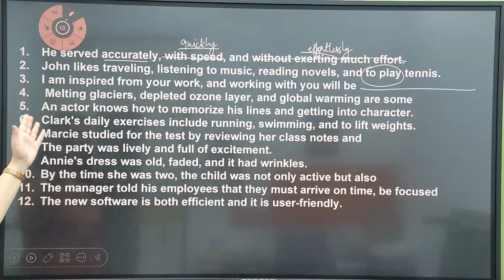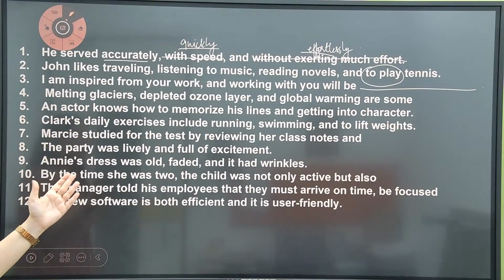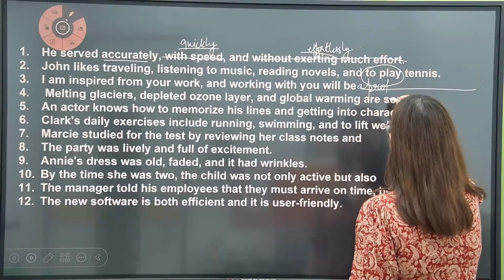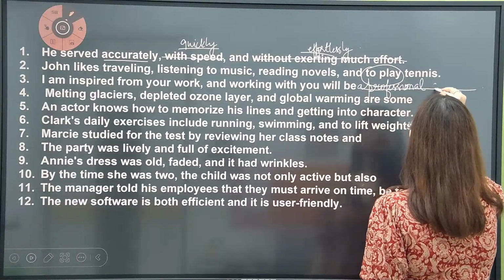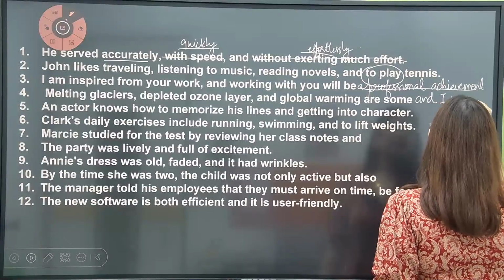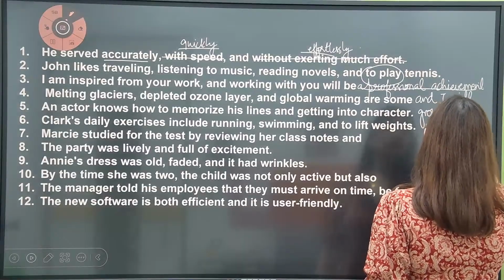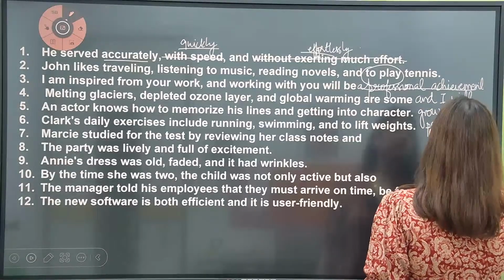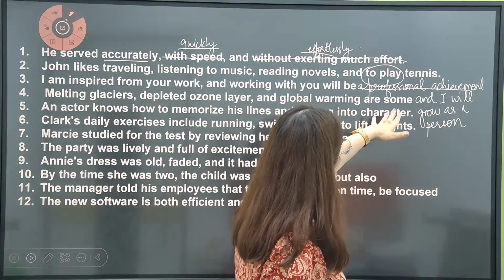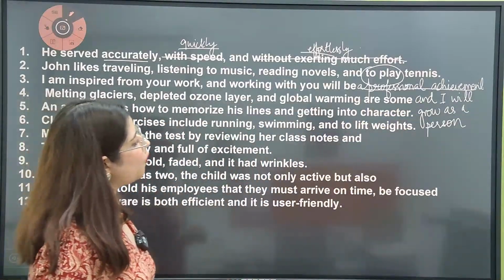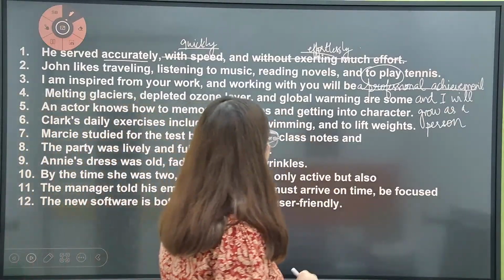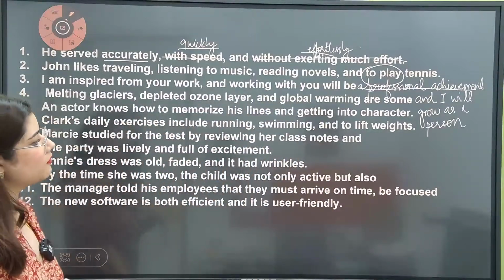So let's say the sentence reads, I am inspired from your work, and working with you will be a professional achievement, and I will grow as a person.